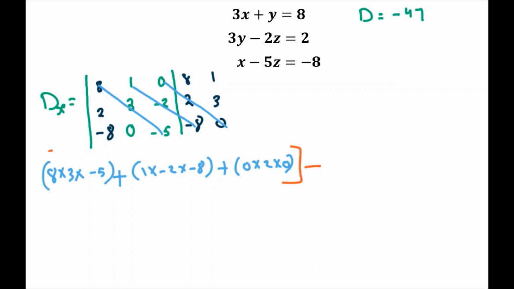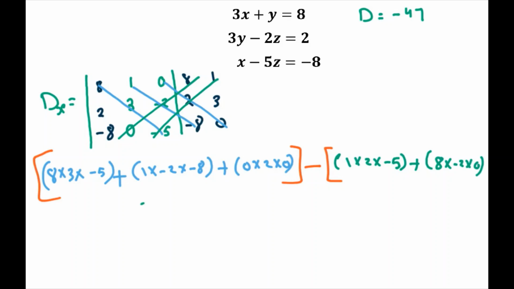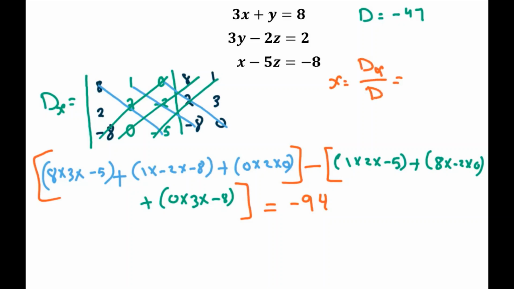And then minus, same thing. And the answer is going to be -94. So now x should be equal dx over d, and that's going to be equal to -94 over -47, and that's going to be equal to 2.